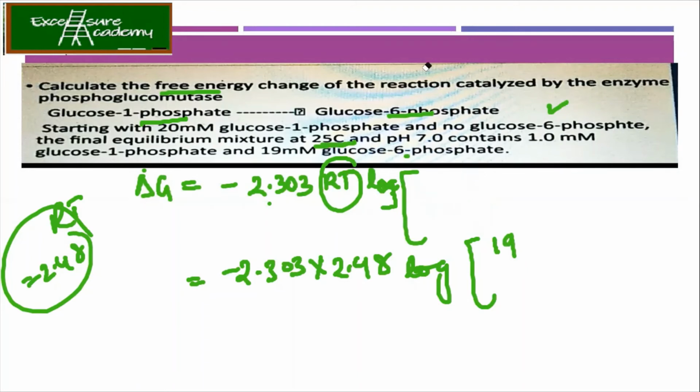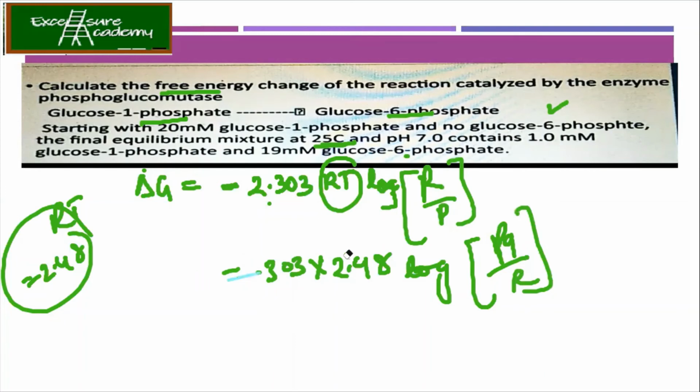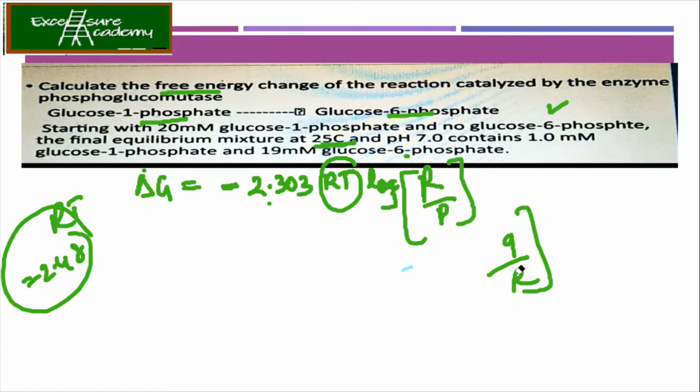One second. If it is minus, then it has to be reactants by products. If there is no minus, then it is products by reactants. Are you getting the point over here? Now, if I want to remove the minus, then it will become product by reactant.